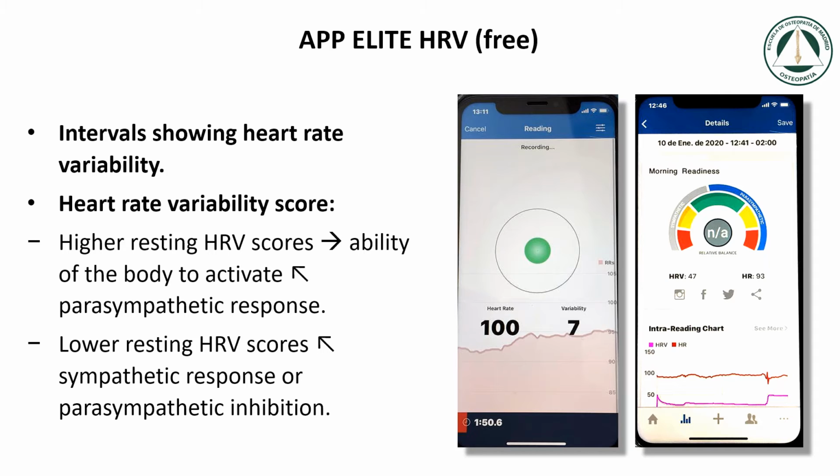Lower resting heart rate variability scores translate into increased sympathetic response or parasympathetic inhibition. Indicates the inability of the body to activate recovery, or the depletion of recovery capacity. This can be a chronic response to stress which results in reduced health and increased risk of disease.